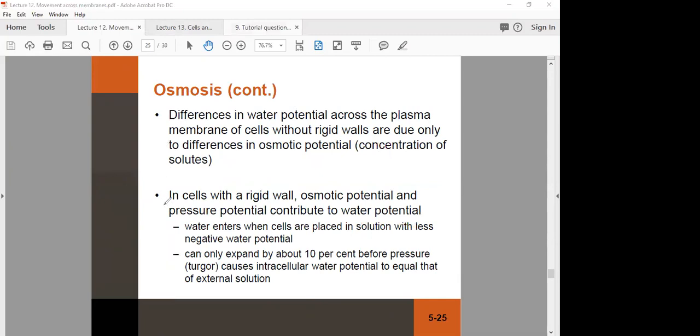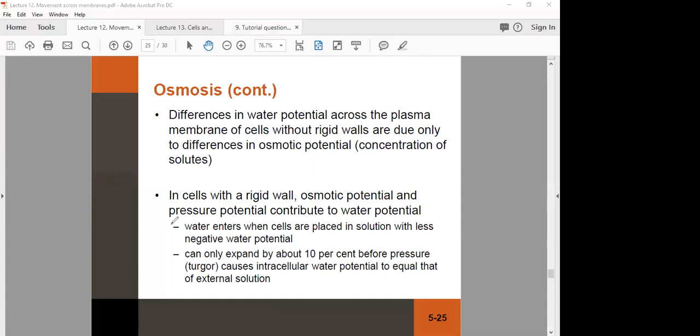But when we're talking about cells with a rigid wall, whether it's plant cells or cells of algae, cells of bacteria, and so on, then both the osmotic or solute potential and the pressure potential will contribute to the overall water potential. So water will enter when cells are placed in solution with a less negative water potential.